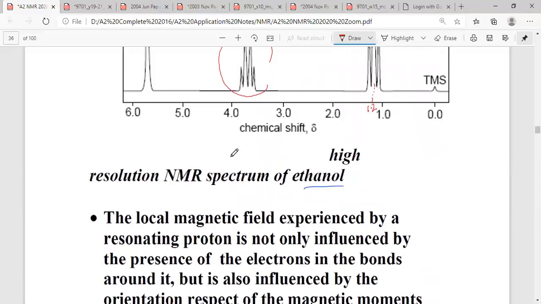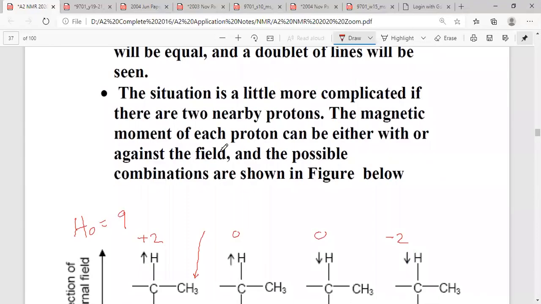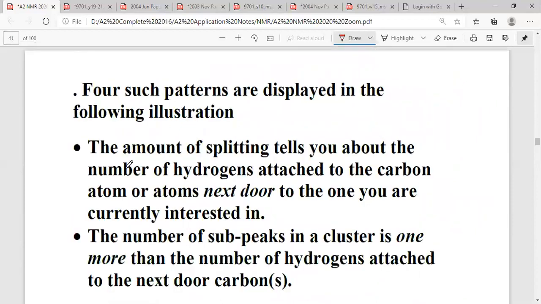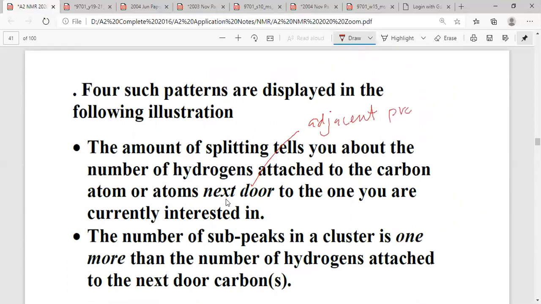Now let's look at how you apply it. I'm going to go to page 35, 41. The amount of splitting tells you about the number of hydrogens attached to the next door carbon, or the term used in Cambridge, the adjacent hydrogen or proton.